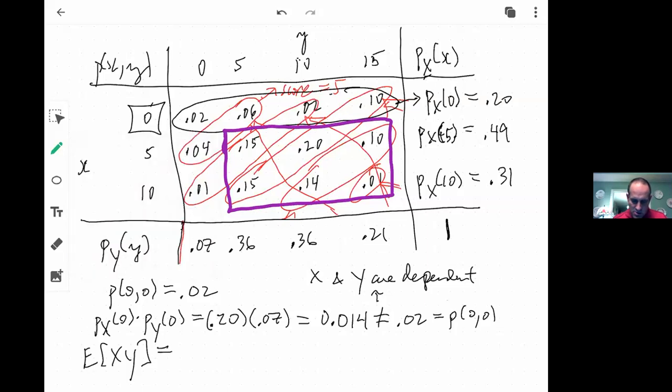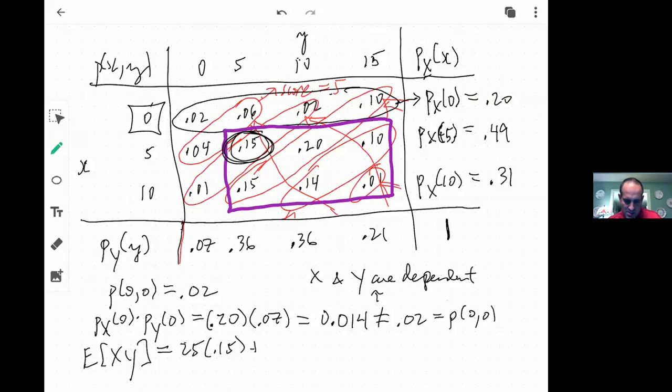So this is equal to, if I look at this entry right here, which corresponds to 5, 5, which happens with 0.15 probability, that's going to be a value of 5 times 5, because X is 5 and Y is 5, which is 25. So 25 happens with probability 0.15 plus, what about 5 times 10?